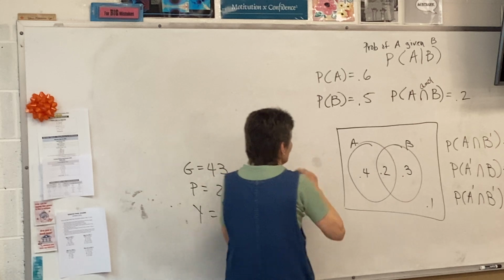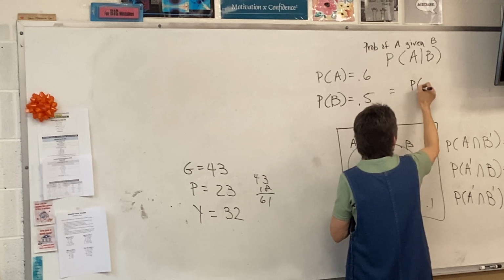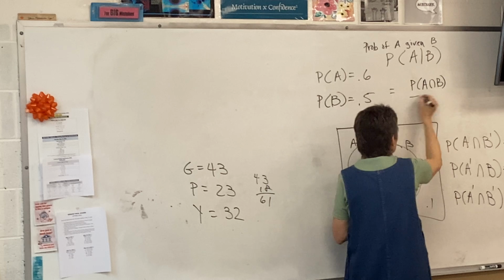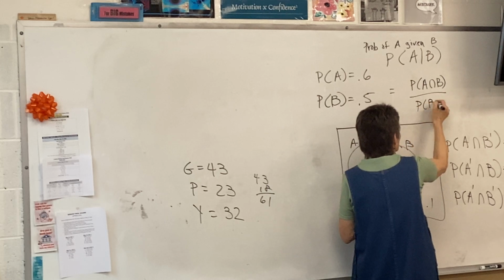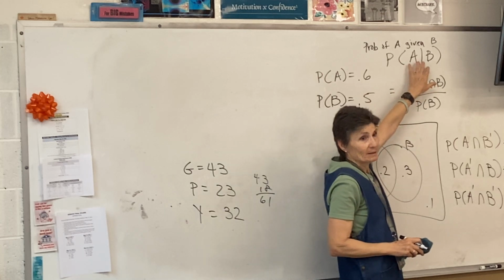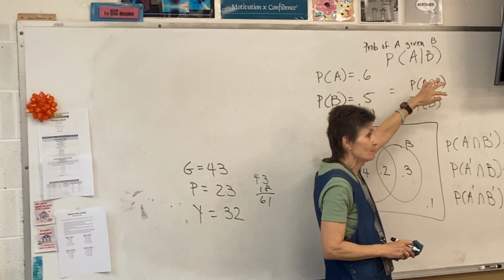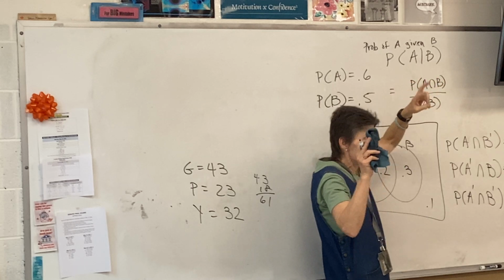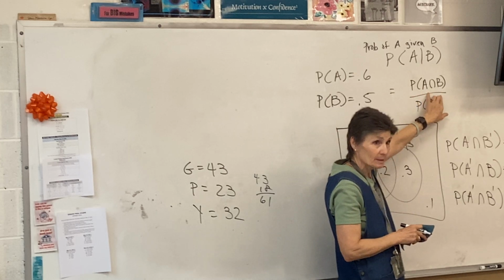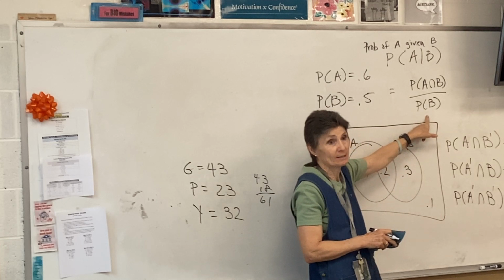The formula for this is the probability of A and B over the probability of B. So when you are asked for a probability, because it's called conditional probability, this is the probability of A given B, your math strategy is do the probability of both and divide it by the probability of just B.